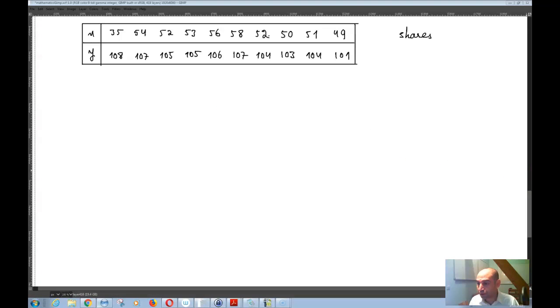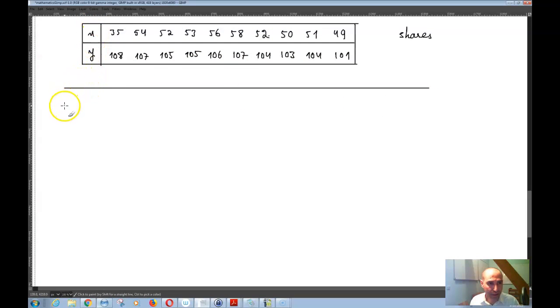So now what I need to do is write this data up here. I take these as my x of i's, and you can see that 35, these are all not written in ascending order really, so you have to move these around a little bit.